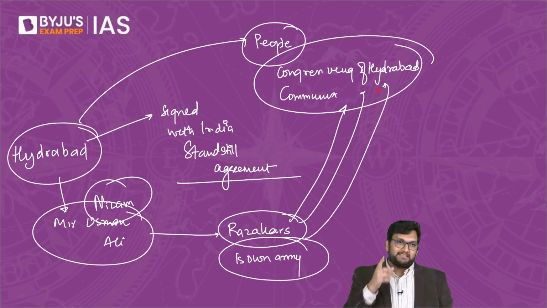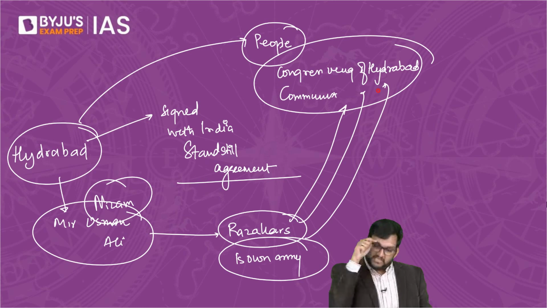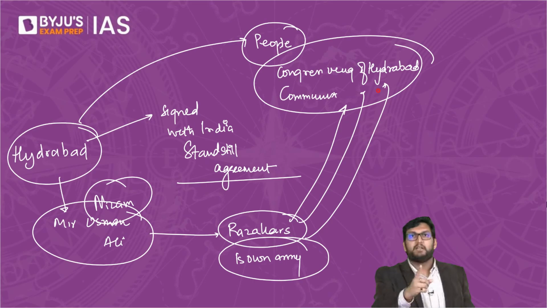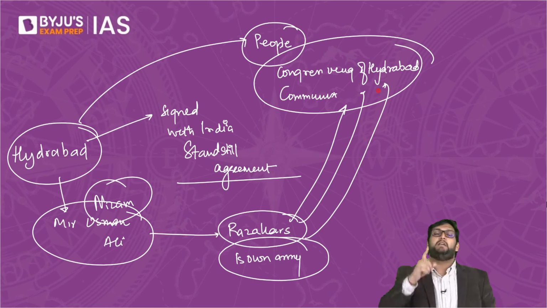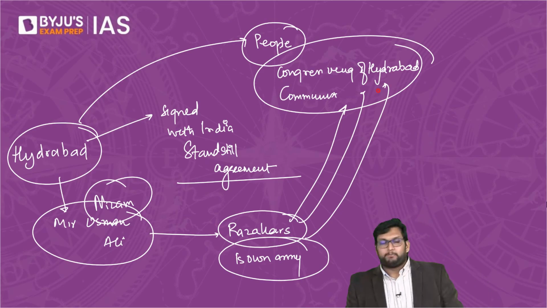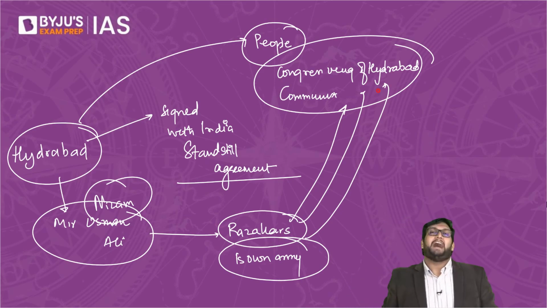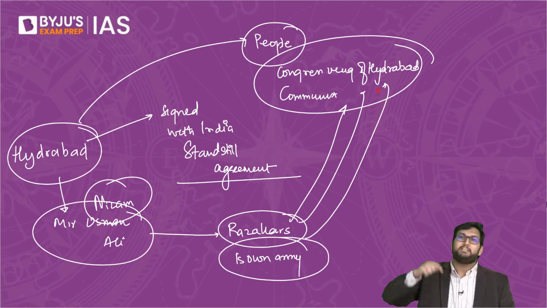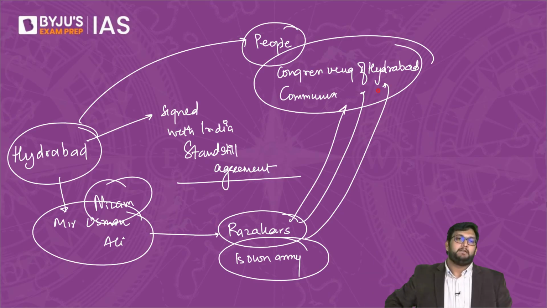And as soon as he is arrested, he will sign the instrument of accession in jail, because Patel said that he does not deserve to be part of even a formal agreement. So Patel did not send the army because he wanted to kill Mir Usman Ali. He sent the army to protect the people of India who wanted to be part of India.